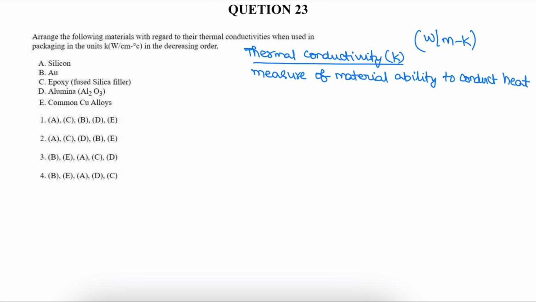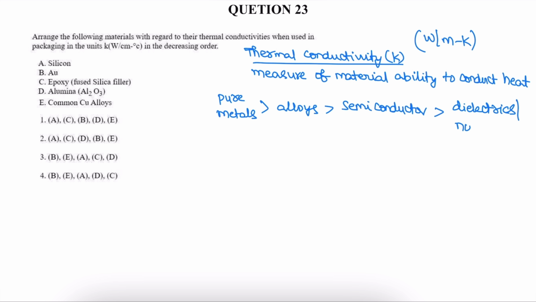Thermal conductivity is more for pure metals. It is highest in pure metals. Next, alloys, semiconductors, followed by dielectrics or non-metals or epoxy materials.